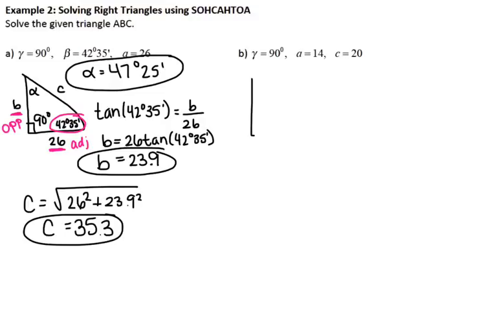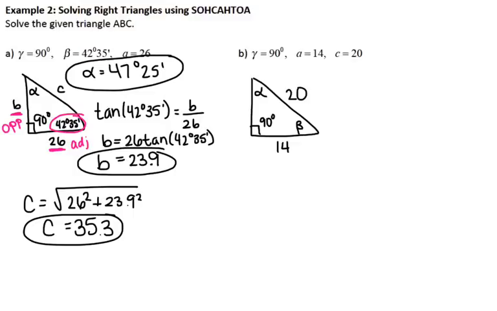For letter B, I'm going to go ahead and draw my triangle. Gamma is 90 degrees. I don't know alpha. I do not know beta, but I do know side A and side C. Oh, I labeled that wrong. Side C is the hypotenuse. Oh, I should actually use the number.